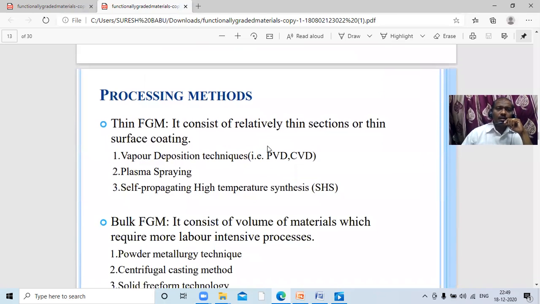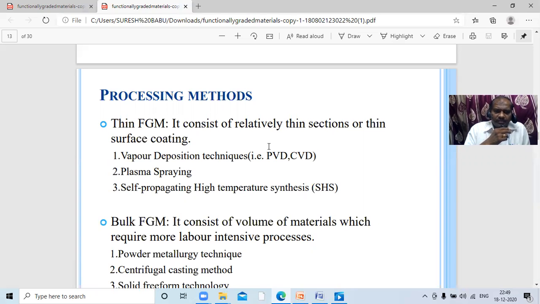Next, to prepare these, we have different processing methods, where different types of materials are used along with different techniques. Thin FGM consists of relatively thin sections or thin surface coatings: vapor deposition techniques, plasma spraying techniques, self-propagating high temperature synthesis. So these are the three types.